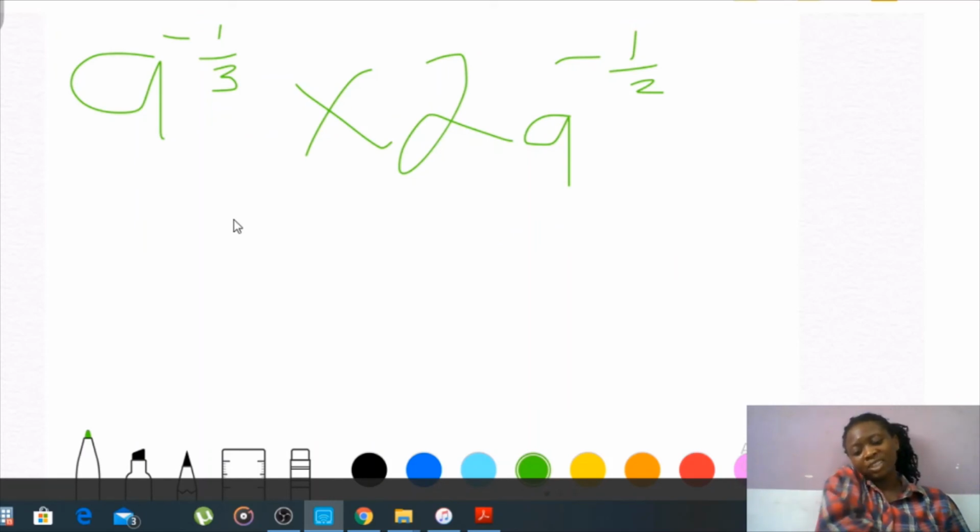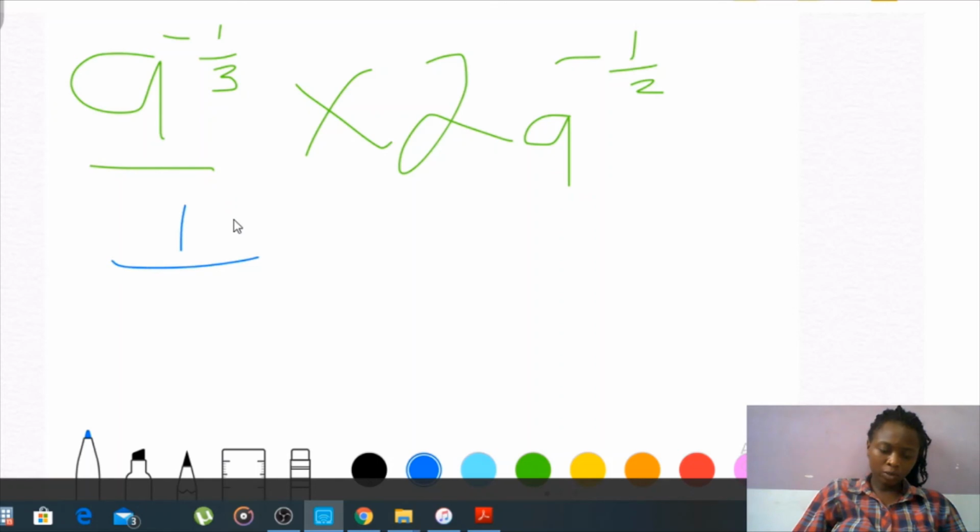Now in solving it, the first thing we have to do is find ways of eliminating the negative. In eliminating this negative, we would have 1 over a raised to the power 1 over 3. As simple as that, the negative just goes away.